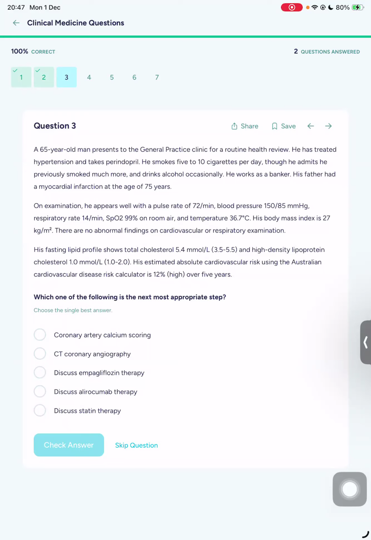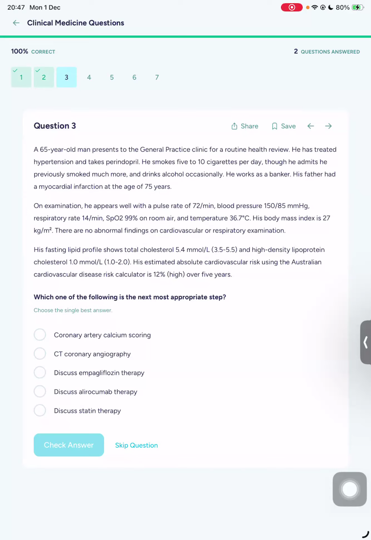On examination, he appears well with pulse rate 72, BP 150 by 85, respiratory rate 14, SpO2 99, temperature 36.7. Body mass index is 27. There are no abnormal findings on cardiovascular or respiratory examination.